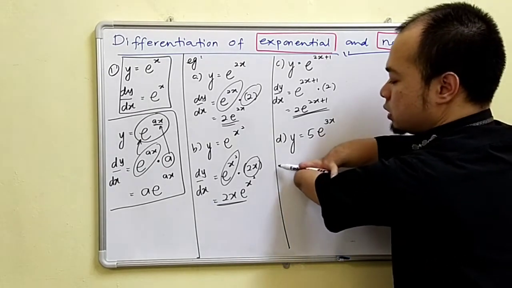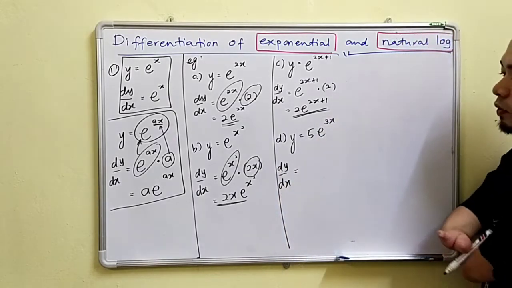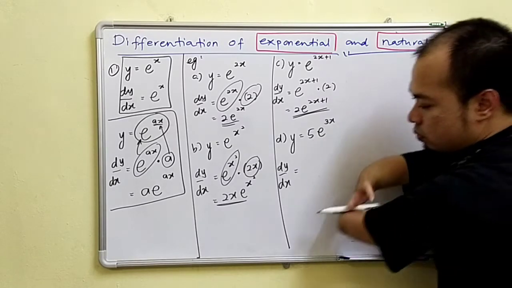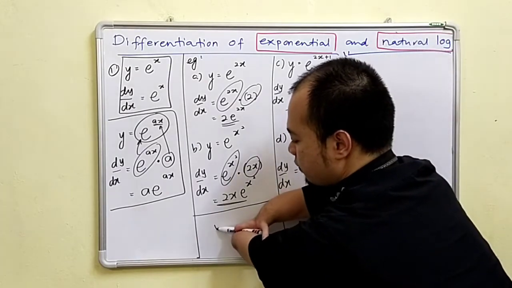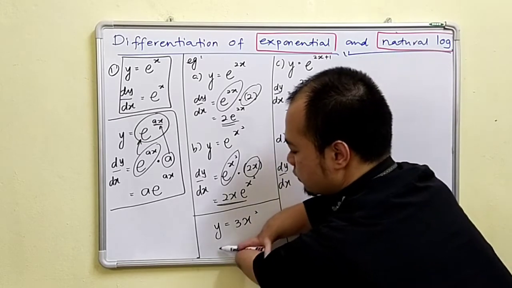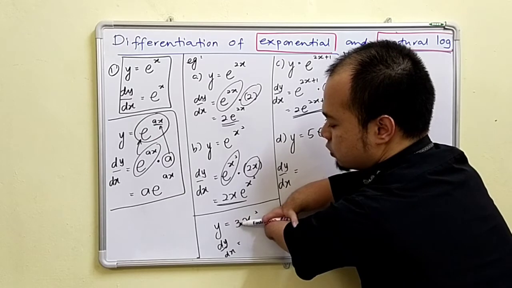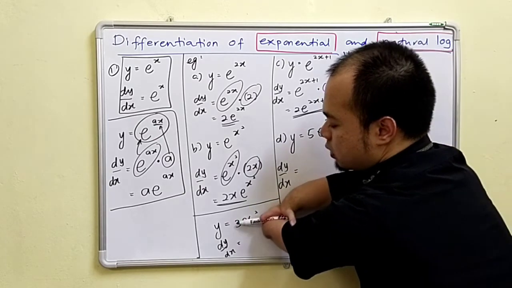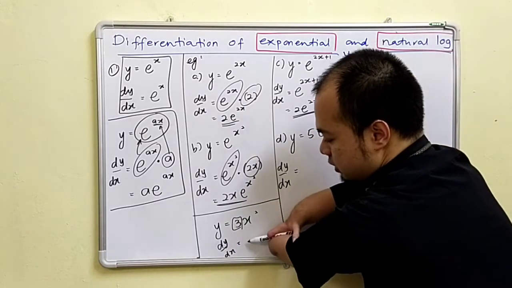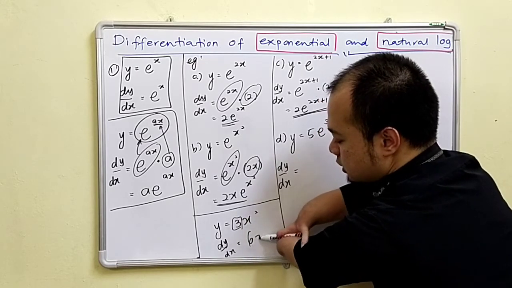In order to find dy over dx, this constant 5, like in our previous class when I had y equal to 3x squared, we multiply the 3 with the power, the power goes down, power minus 1. The 3 remains in its place because it is a constant. So 3 times 2 is 6, then x.